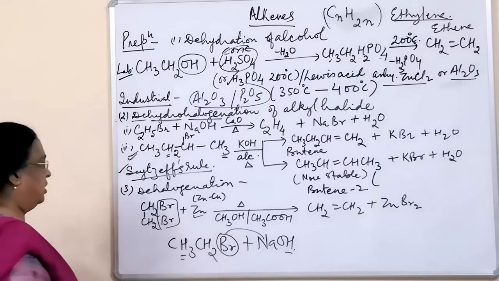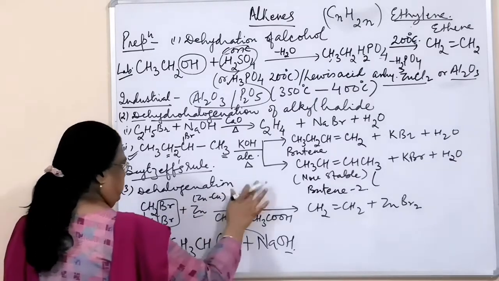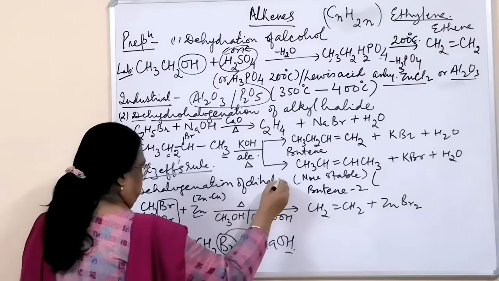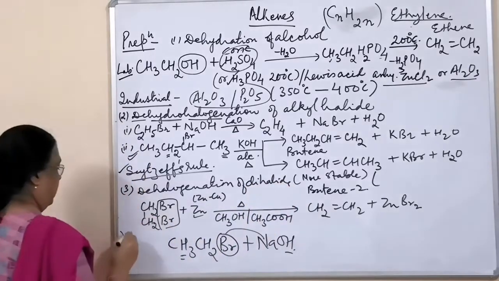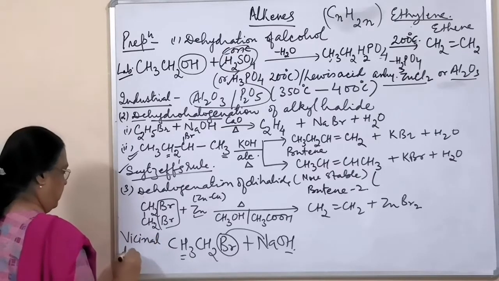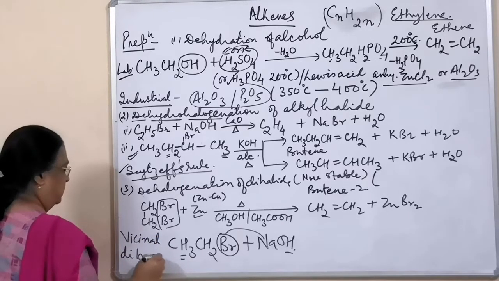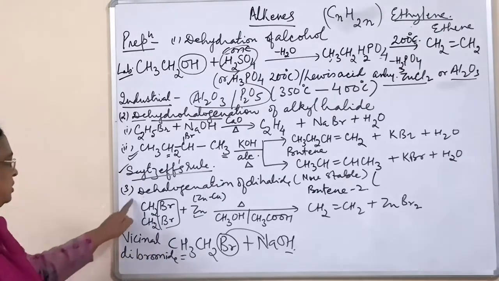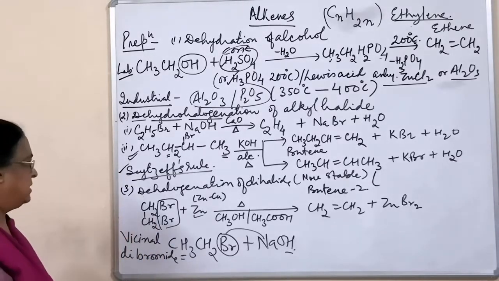So this is your dehalogenation of dihalide. This is called vicinal dibromide. The word vicinal is used when bromine is on the two adjacent carbons.